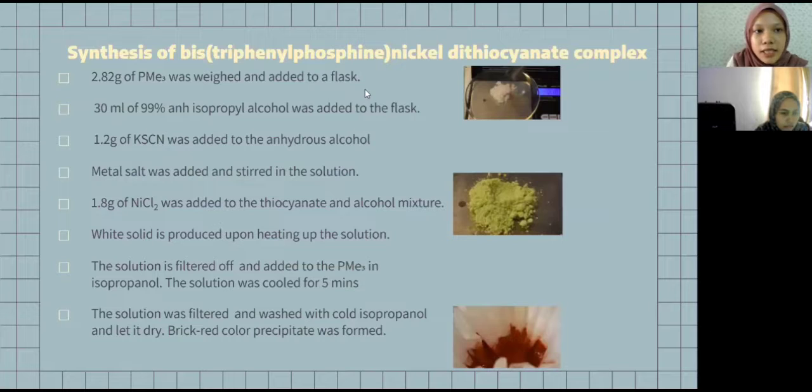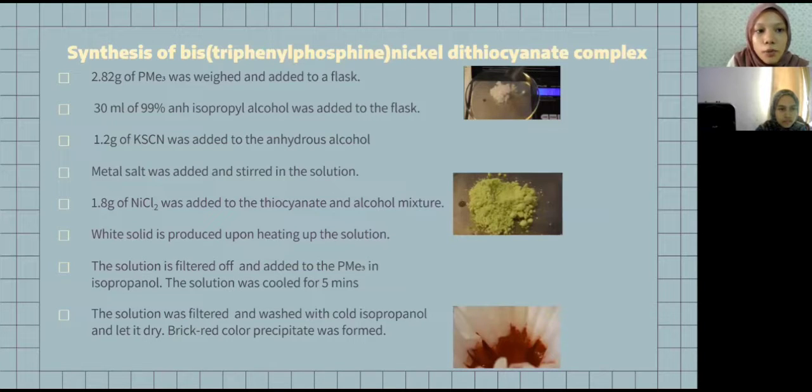And then the synthesis of the triphenylphosphine nickel dithiocyanate complex. First, 2.82 grams of triphenylphosphine was weighed and added to a flask. And 30 ml of 99% anhydrous isopropyl alcohol was added to the flask.